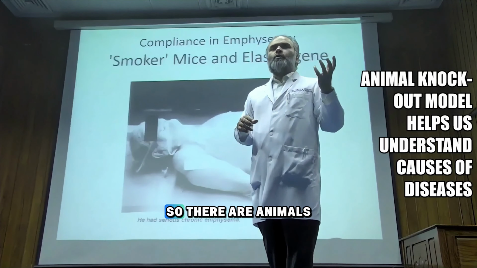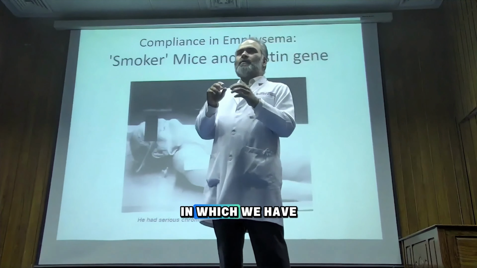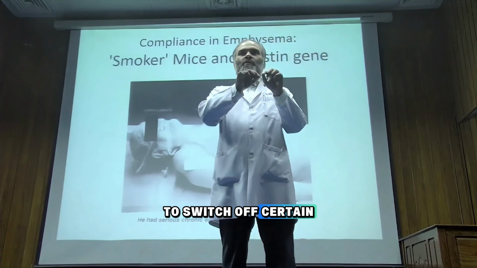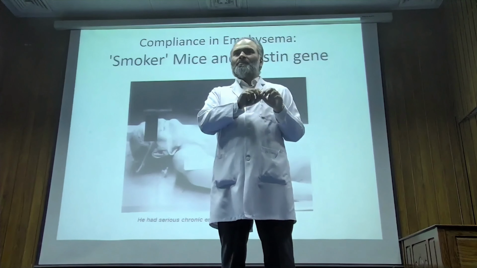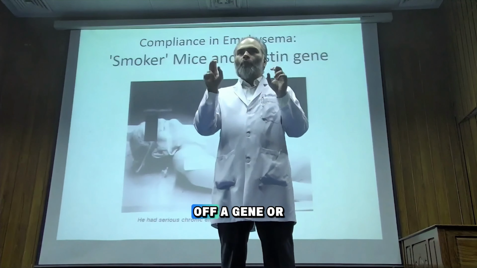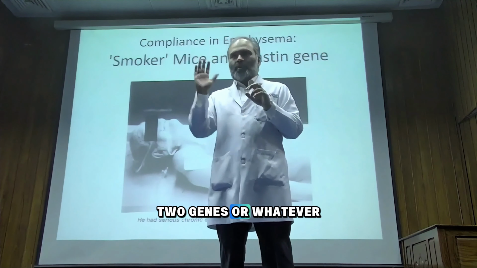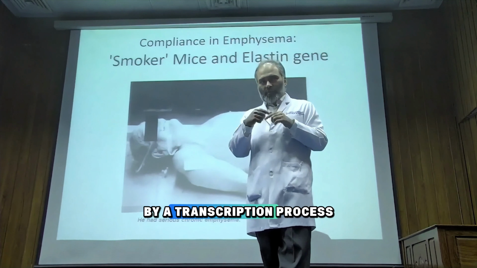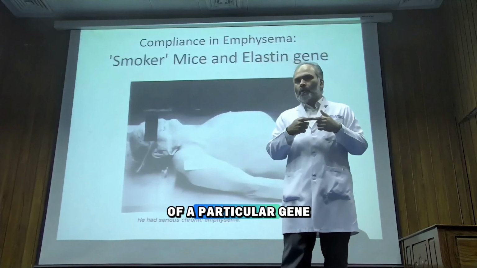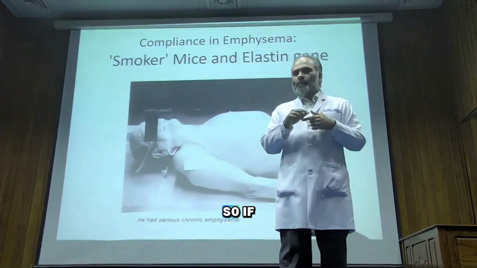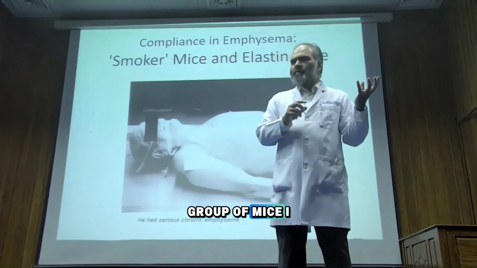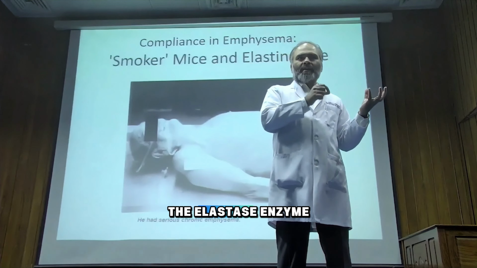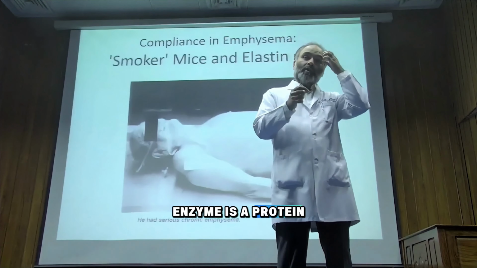Knockout model. So there are animals in which we now have the technology to switch off certain genes. So we literally knock off a gene or two genes or whatever. Now you know that every protein is made by a transcription process of a particular gene. So what if in this group of mice, I were to switch off the elastase enzyme? Enzyme is a protein, right?